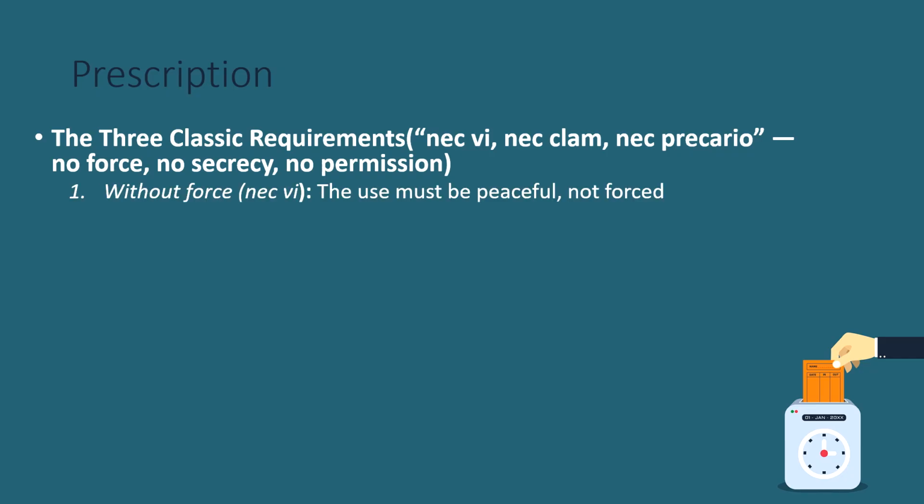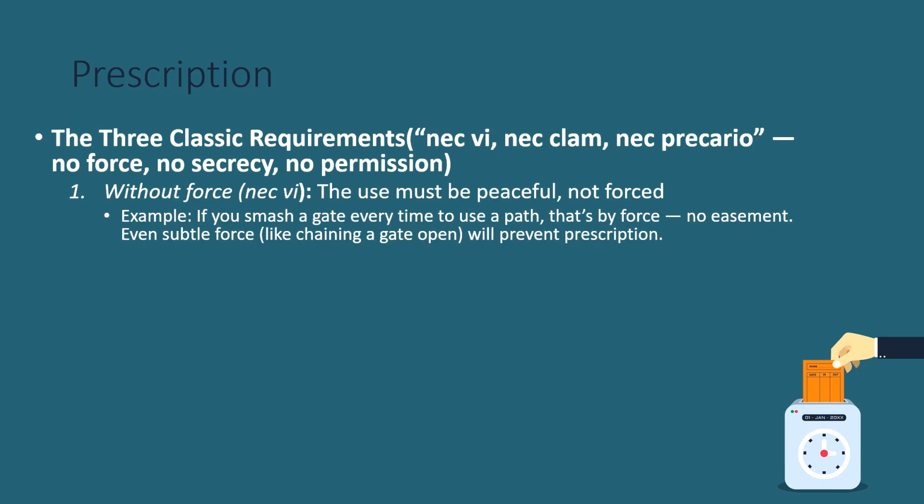Okay, so no force is pretty self-explanatory. You cannot just use any force, like breaking and entering or destroying a gate or something like that, to basically just grab the rights using violence. That would definitely not be protected by law.